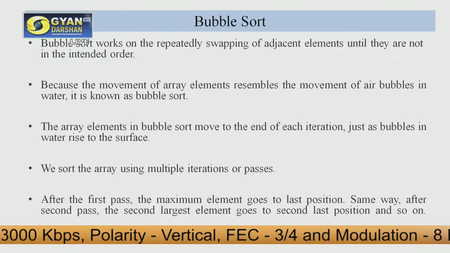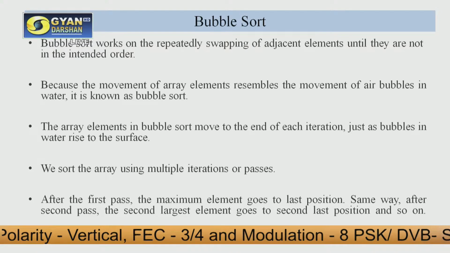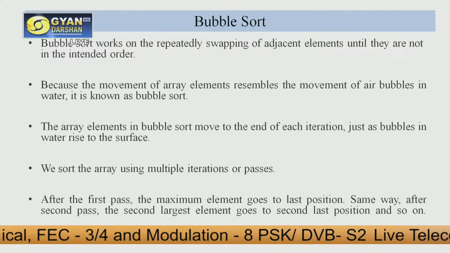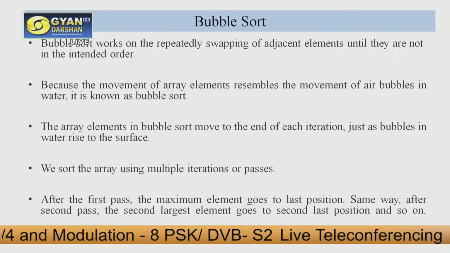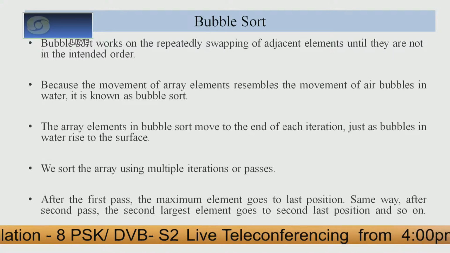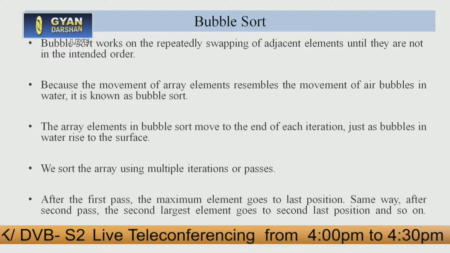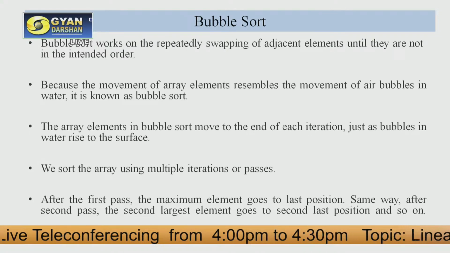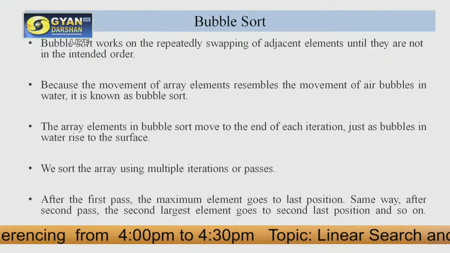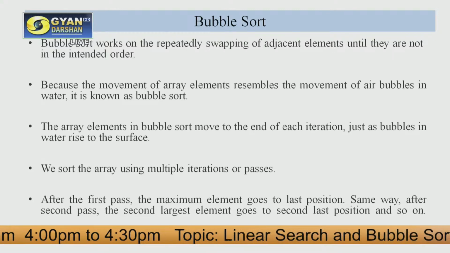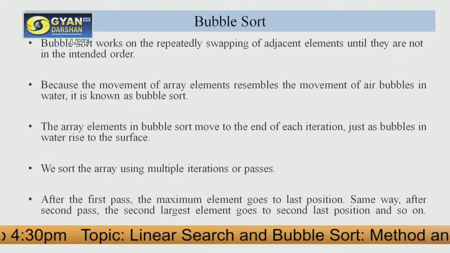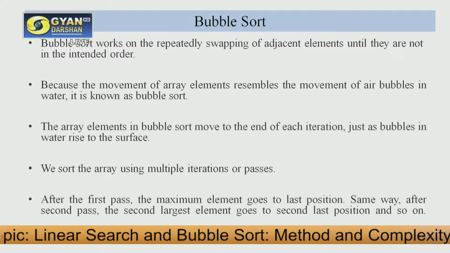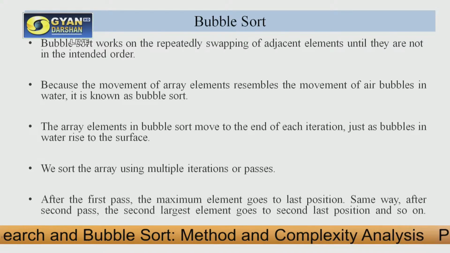And in the next pass, we try to fix the third largest element at the third last position of the array. So this process continues till the second smallest element is positioned at the second position.